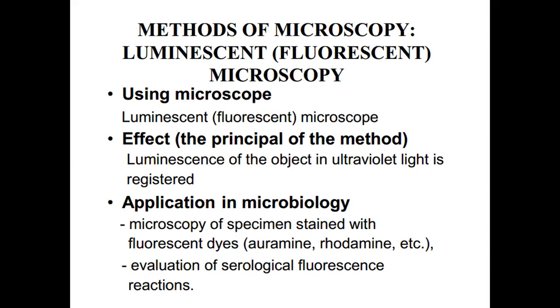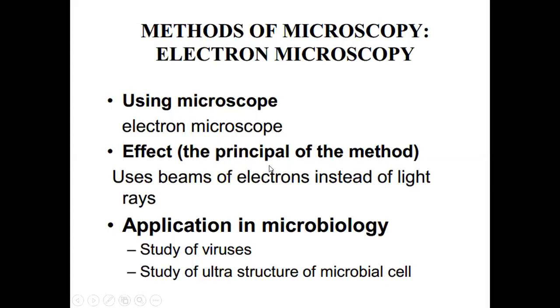The application in microbiology is microscopy of specimens stained with fluorescent dyes, evaluation of serological fluorescence, and like that. And this is a picture of luminescent microscopy. On the dark field, we can see colored, shining objects.